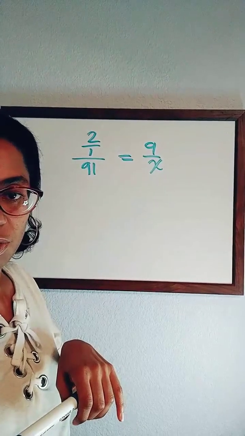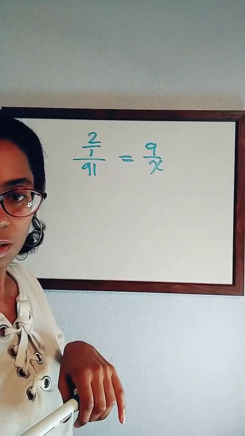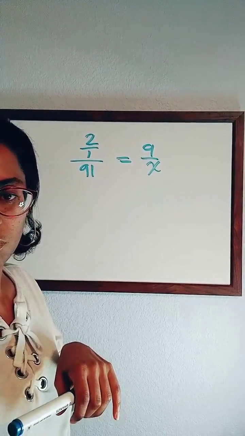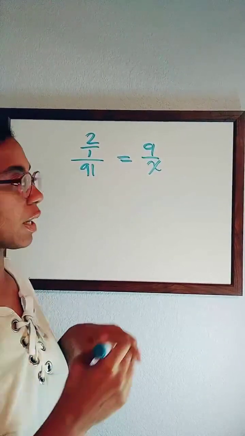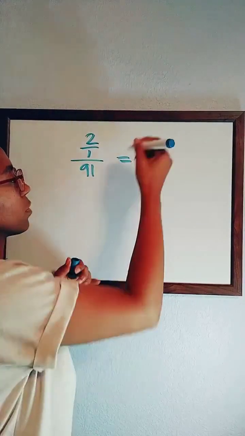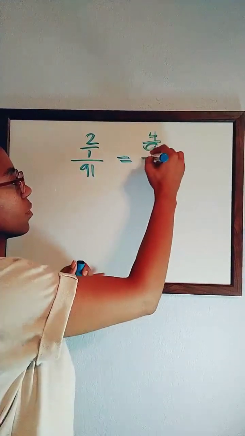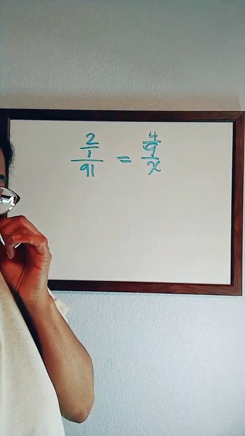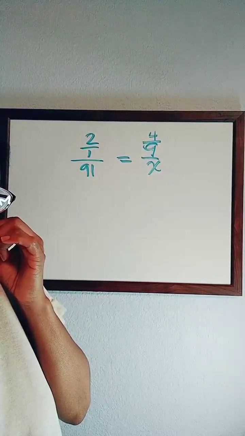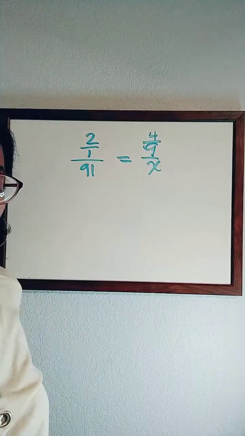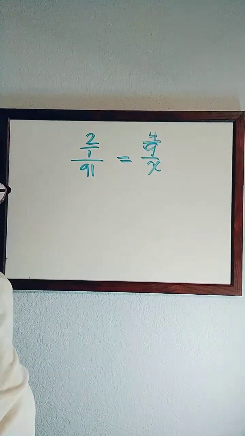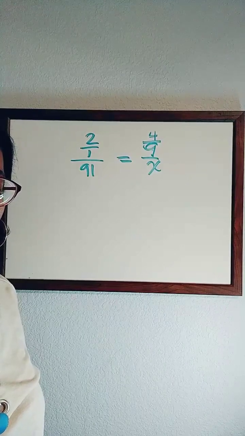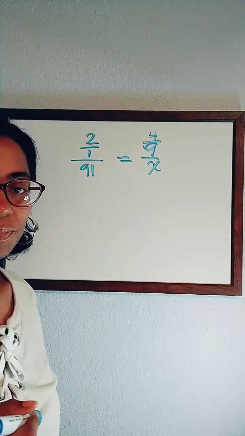It is supposed to be a 4 somewhere, ain't it? Equals 4 over 9. Did I do it right?